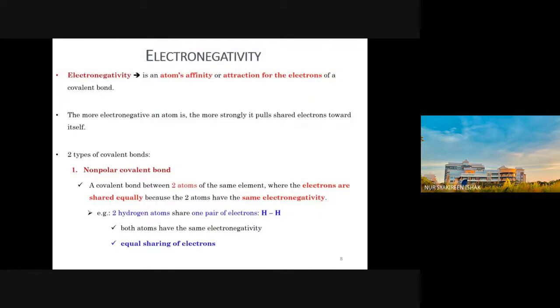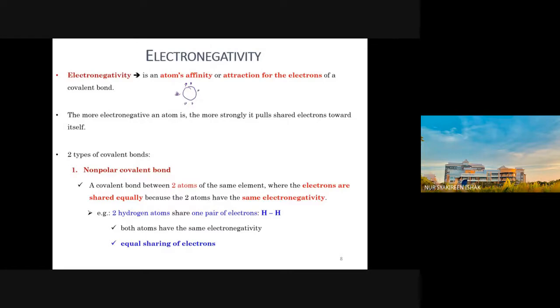Electronegativity. So what is electronegativity? It is an atom's affinity or attraction for electrons of a covalent bond. So for example here, the oxygen atom, as you know, has 6 valence electrons: 1, 2, 3, 4, 5, 6.